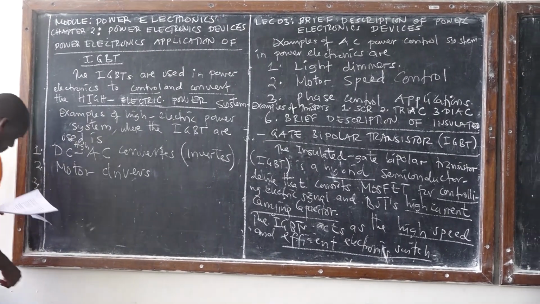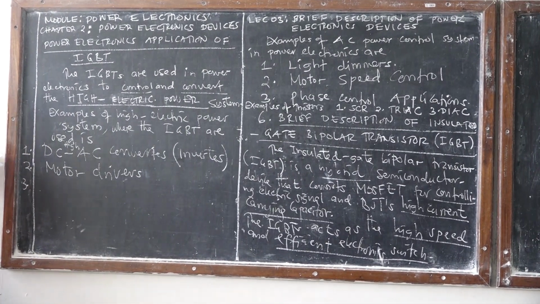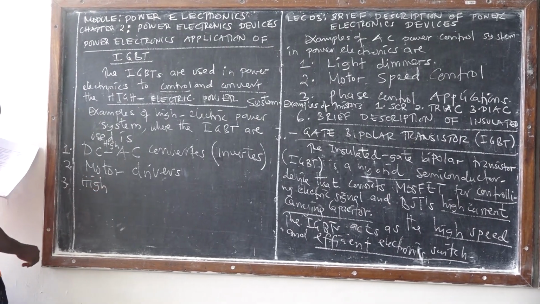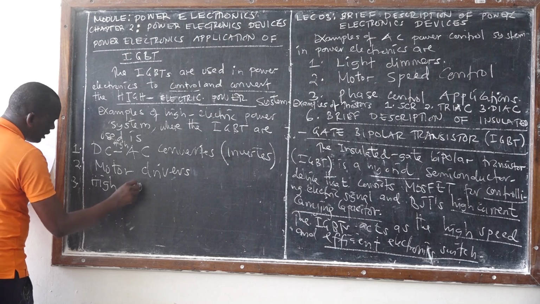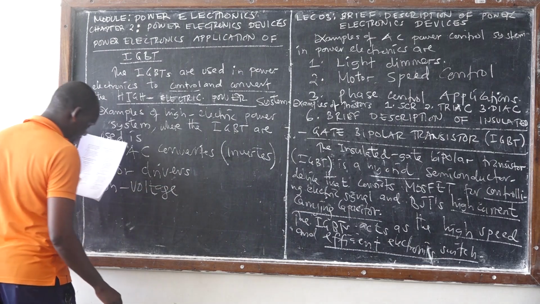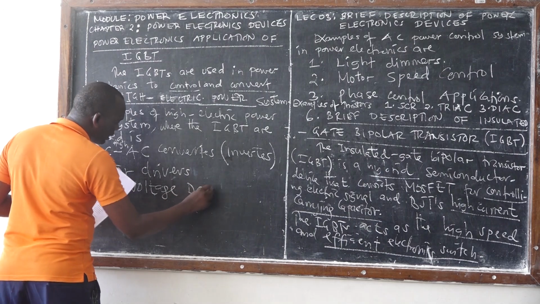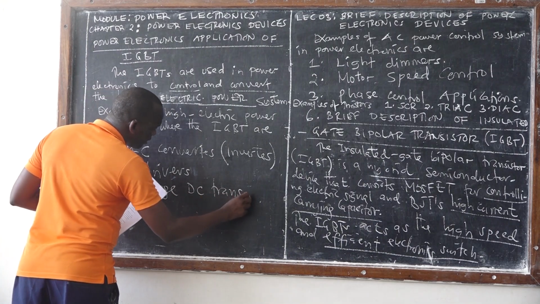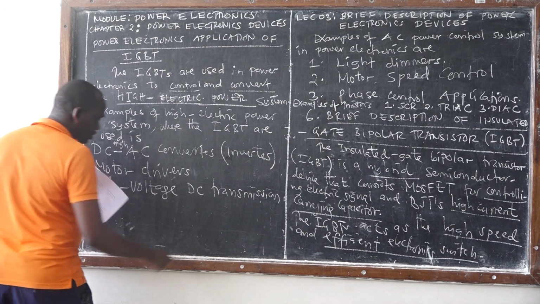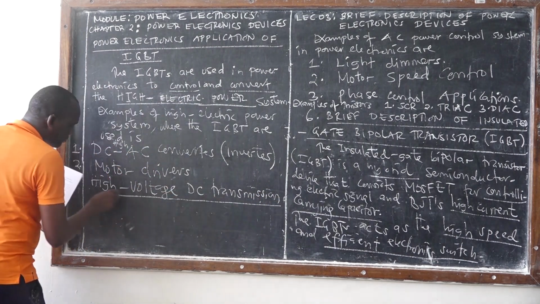Then the third example of a system where we are using the IGBT is high voltage DC transmission. High voltage DC transmission system.